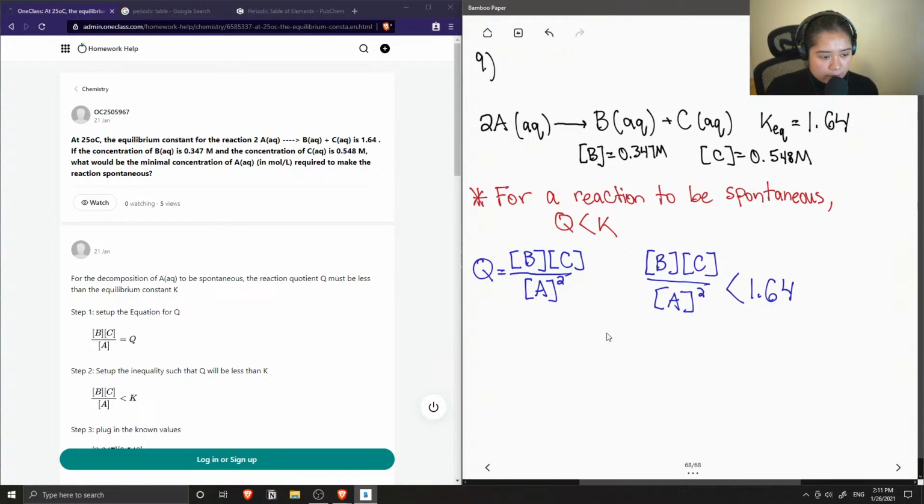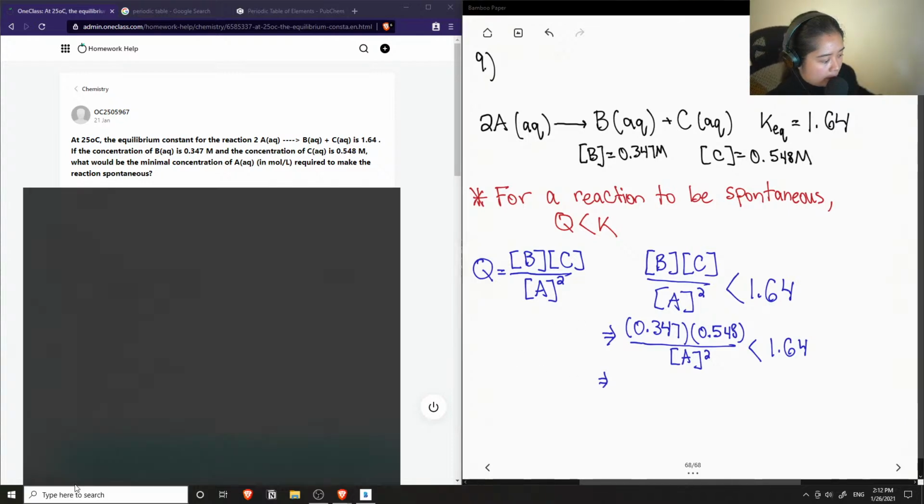So now let's just plug in all of our concentrations. We have 0.347 times 0.548, and we're looking for the concentration of A. So now let's simplify this using a calculator.